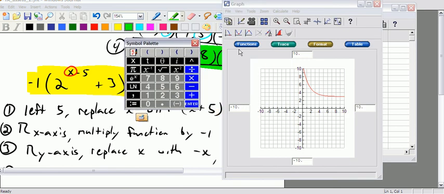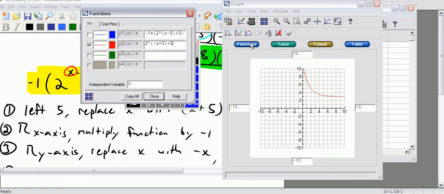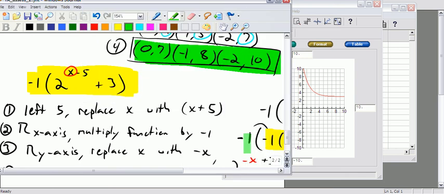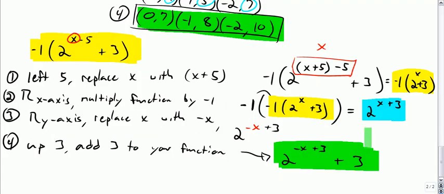So let's go back to my equation real quick. Fingers crossed, I'm hoping I just put the equation in wrong. 2 raised to the -x plus 3, then plus 3.